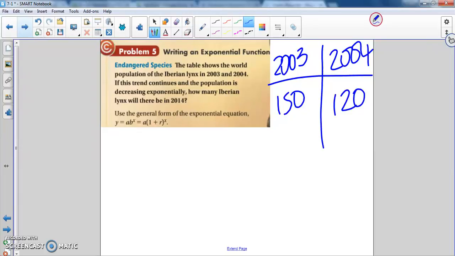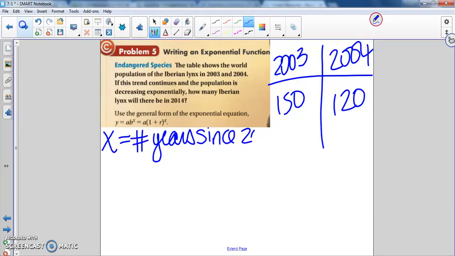So, let x be equal to the number of years since 2003, and y equal the population.